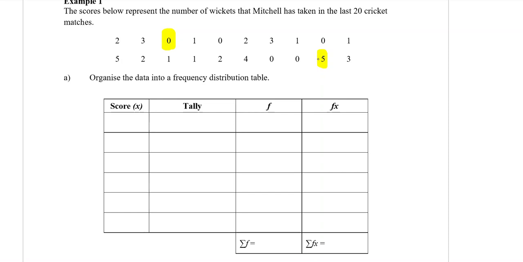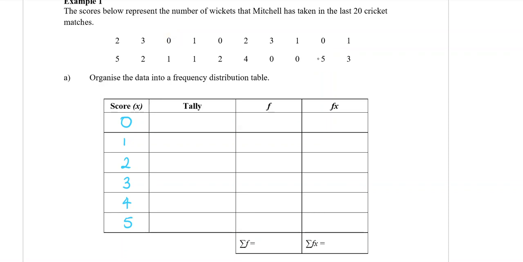So I need to start with 0 in my score and count up to 5: 0, 1, 2, 3, 4, and 5, because they were the smallest and highest numbers, and I wanted everything in between.